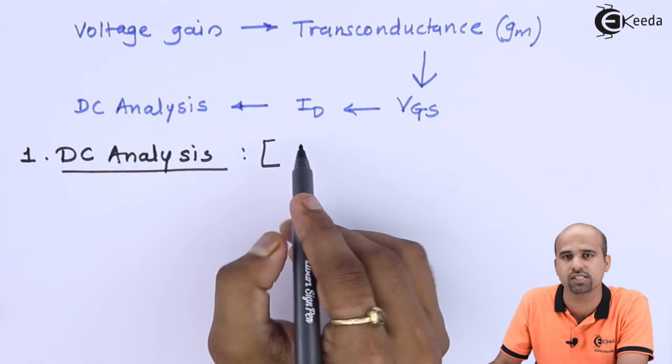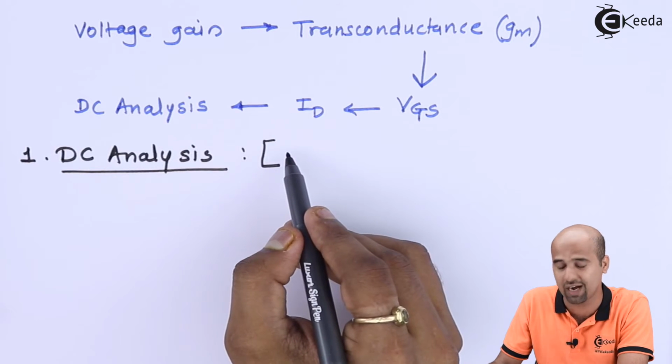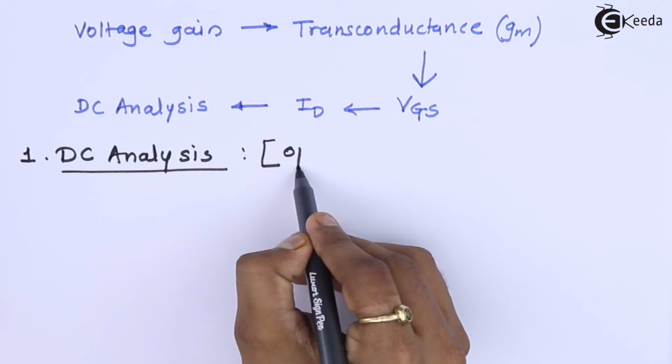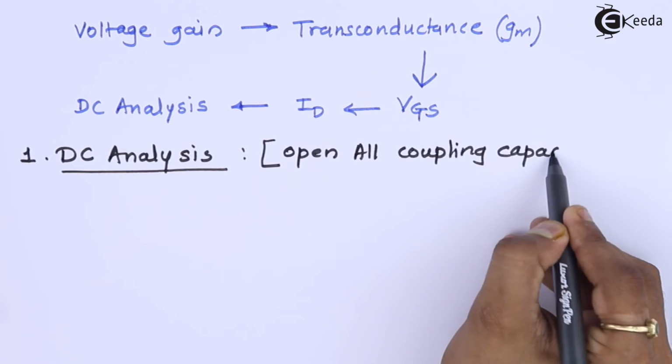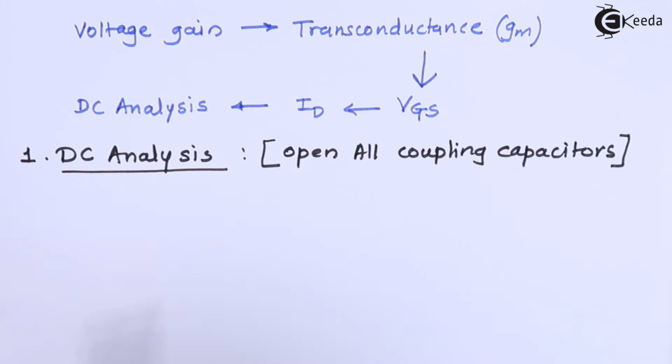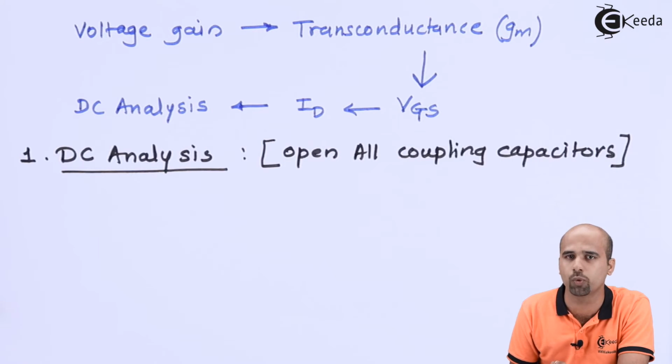In DC analysis, we have to take care that we keep open all coupling capacitors. So input and output have nothing to do with this circuit. So I am applying only DC voltage such that I'll measure DC current in the form of IDQ, VGSQ and VDSQ.